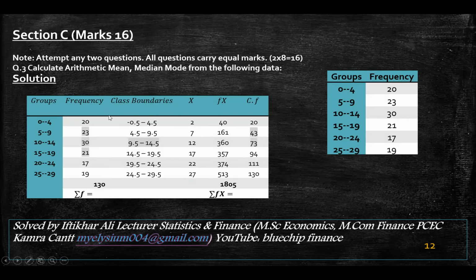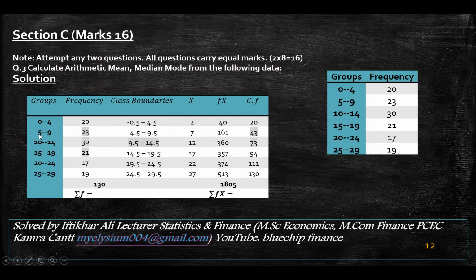Section C, first question, or question number 3: calculate arithmetic mean, median, mode from the following data. Classes are given here, frequency is also given here. First important thing is to calculate the class boundaries.